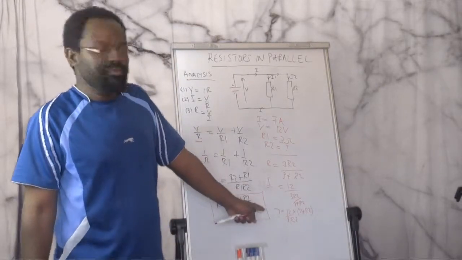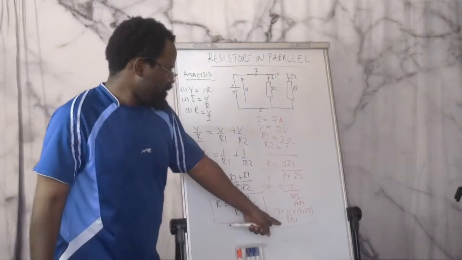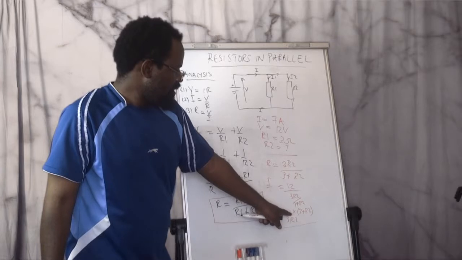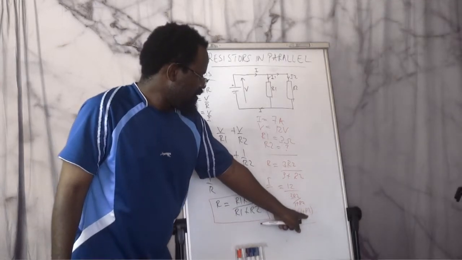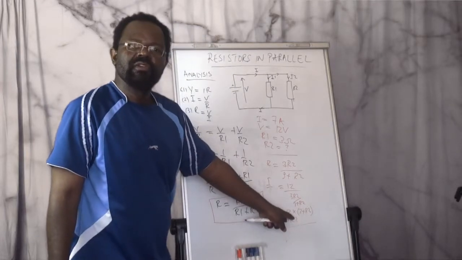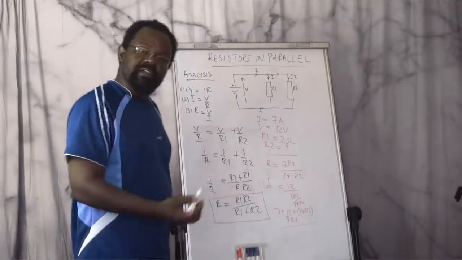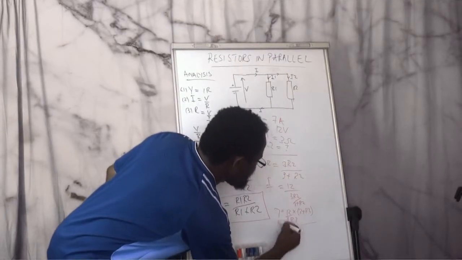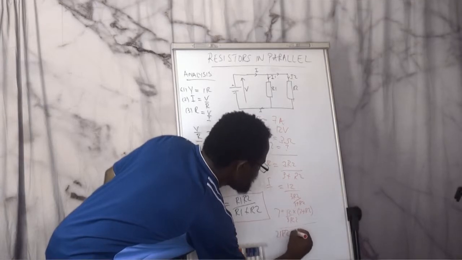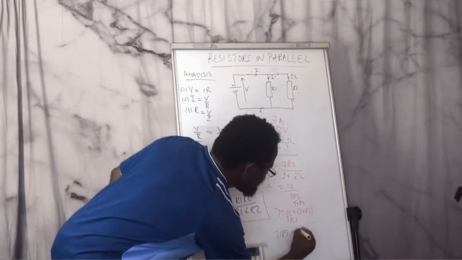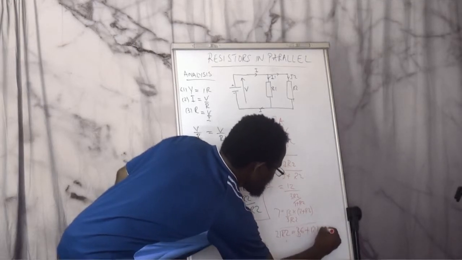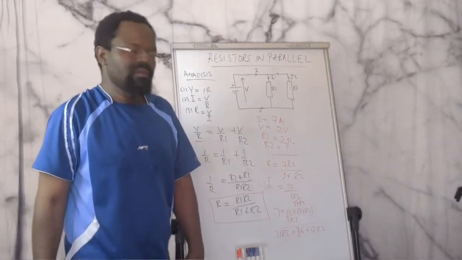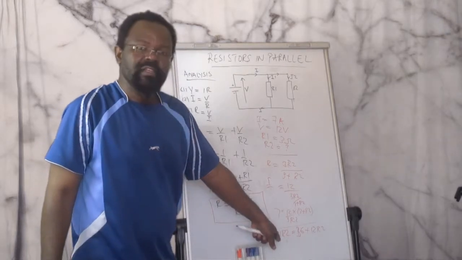It's a simple equation, because all you need to do is multiply through. Cross multiply: 21 R2 is equal to 12 times that, which is 36 plus 12 R2. Now you can subtract: 21 minus 12.